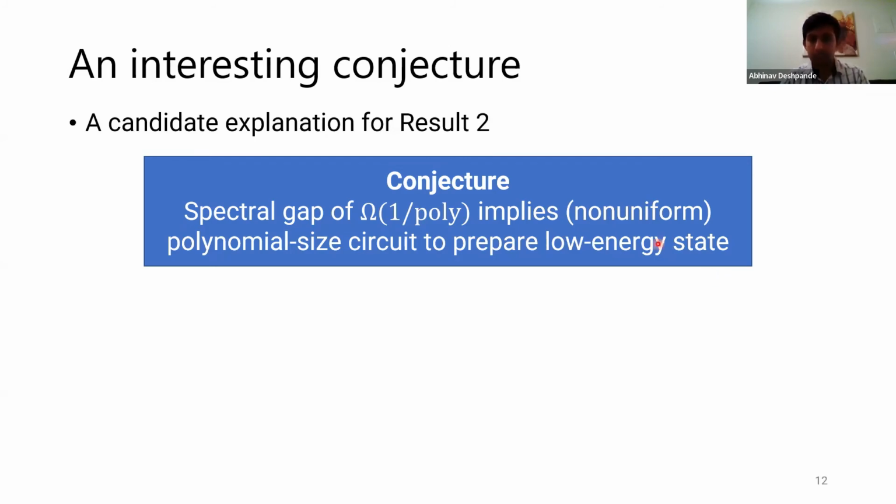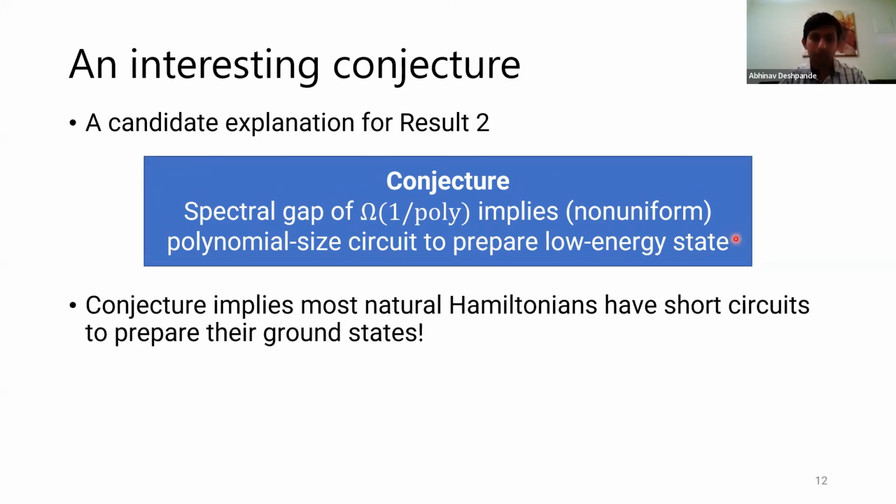And this conjecture is in fact a stronger version of result 2, in the sense that it would imply result 2. So it also implies something stronger, meaning that it would say that most natural Hamiltonians have short circuits to prepare the ground states. And this is, as I said earlier, not an obvious property.